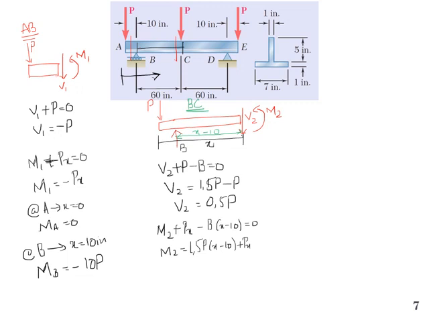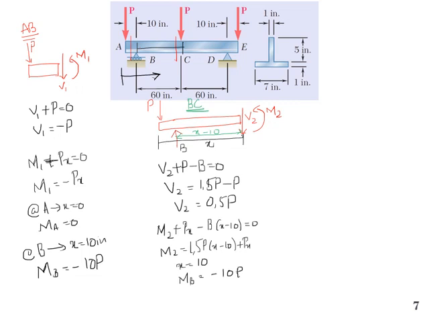Now, at X equal to 10, that will become MB, and we already calculated MB. So if I put X equal to 10 inch, it will become MB, that is minus 10 times P.